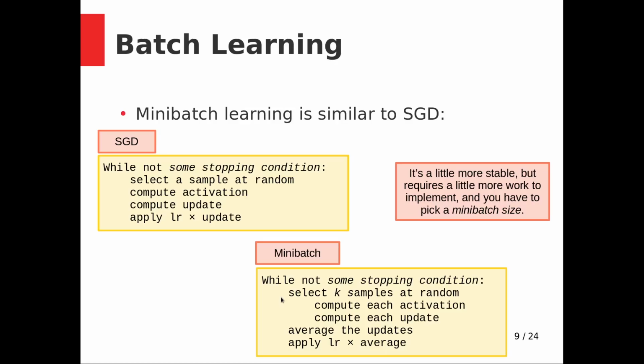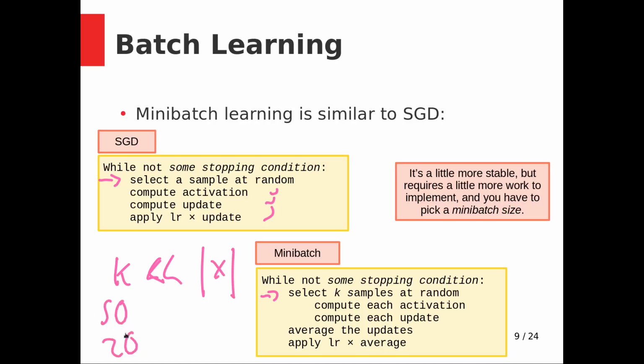So a mini-batch is similar to SGD, stochastic gradient descent, the thing that we've been doing. In stochastic gradient descent, you pick one sample at random, compute the forward pass, then compute the back pass, then apply the update. With a mini-batch, you pick k samples at random, where k is significantly smaller than the entire size of X. Maybe, I don't know, 50, 20.